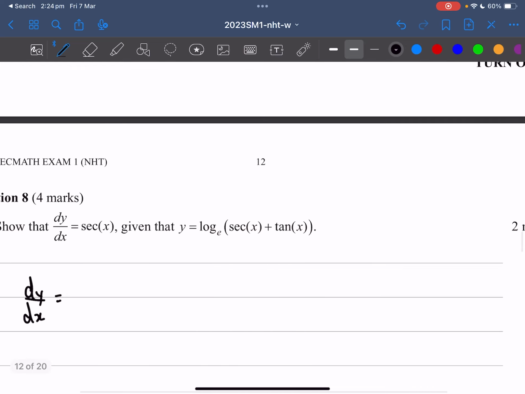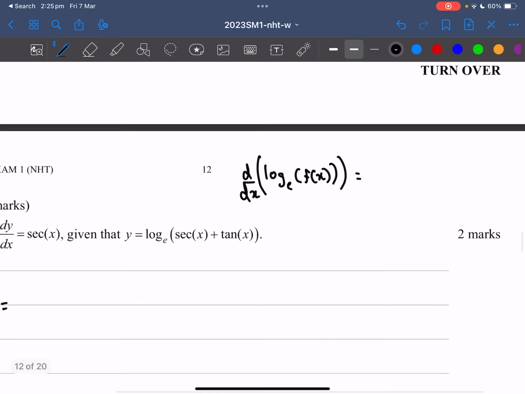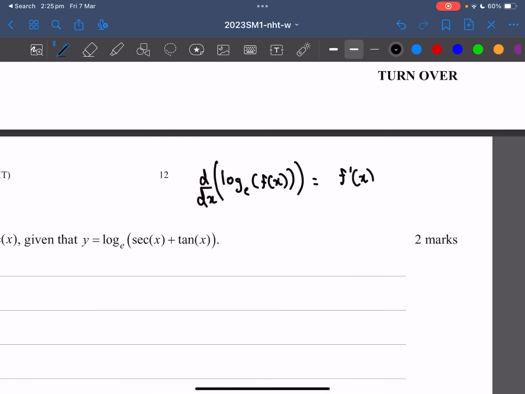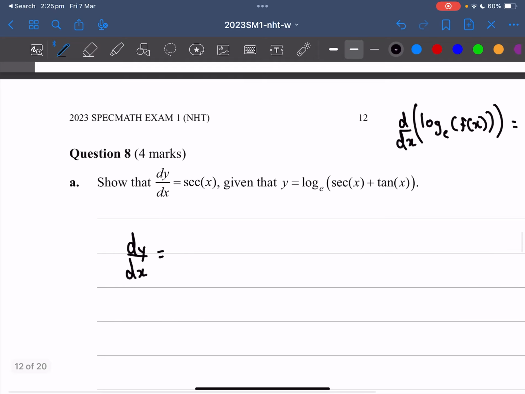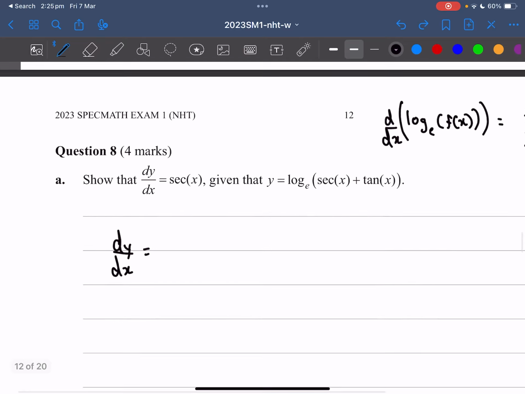so just another thing, let's say that we have log base e of a function, and we are asked to differentiate this. d/dx of this will always be the derivative of the function over f of x. It's just a derivation which could help you differentiate log-like functions quicker.